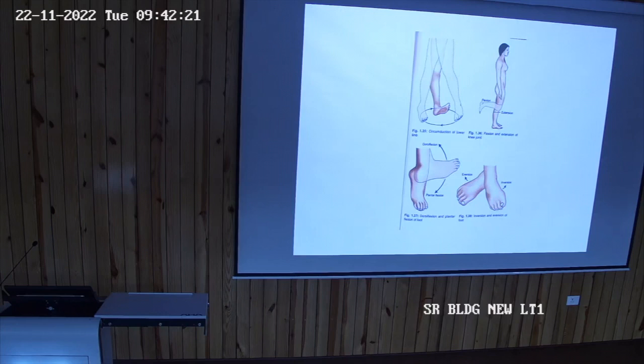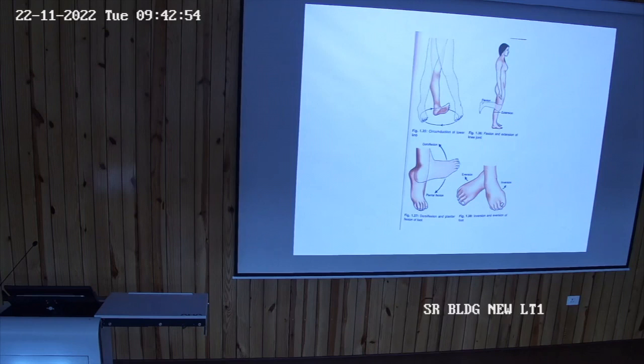Have you all seen cricket matches or played cricket also? What will be the position of the bowler? Like that. So that movement is a combination of abduction, adduction, and lateral rotation. This type of movement, a combination of all these movements, medial rotation, lateral rotation, abduction, adduction, that is called circumduction.